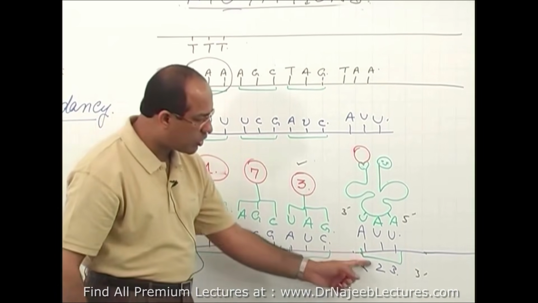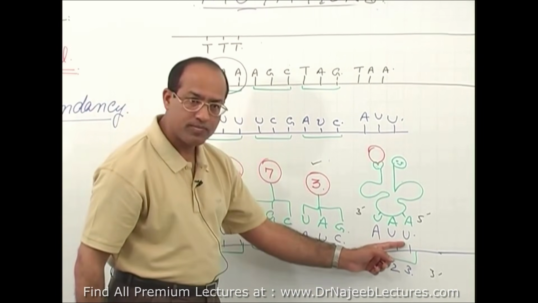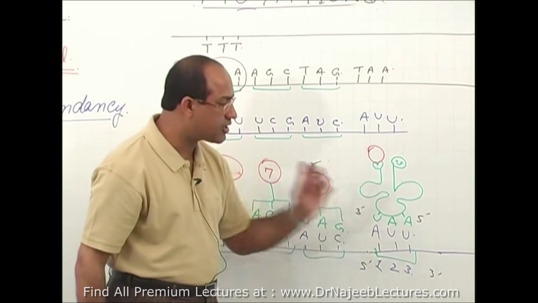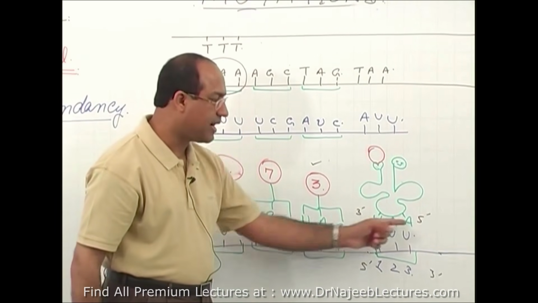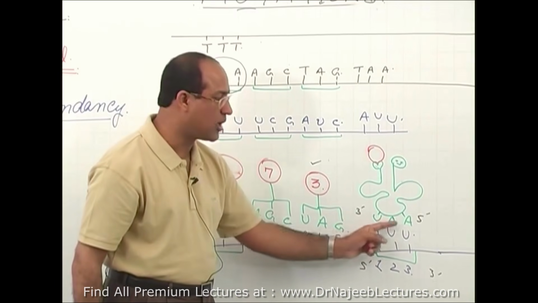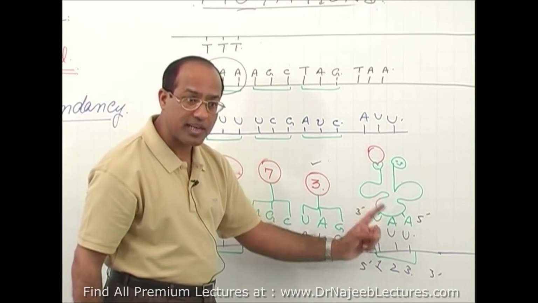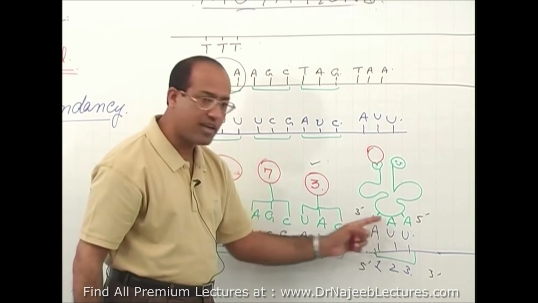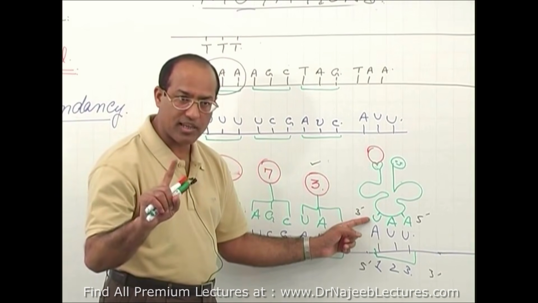When you read the codon, that is AUU, but when you read the anticodon, it should be read again 5' to 3', not UAA. Anticodon should be read as AAU. Is that clear?